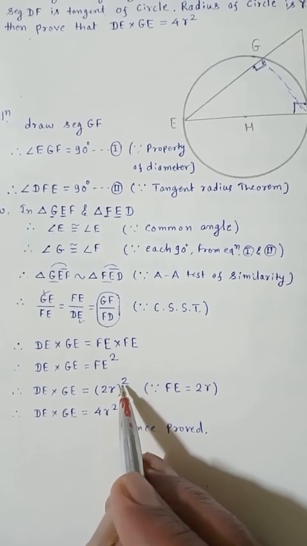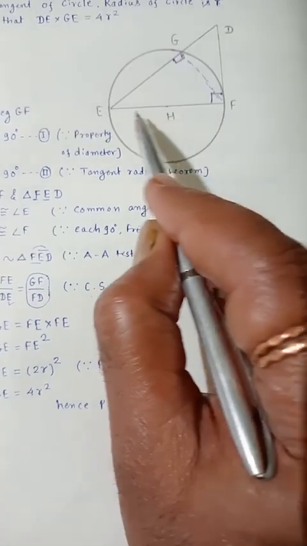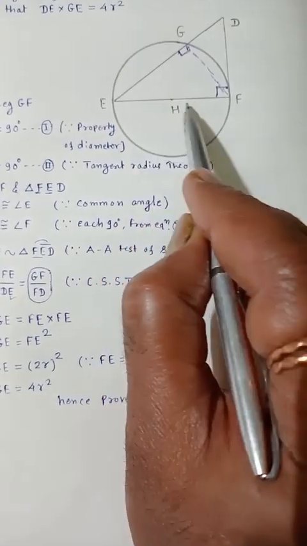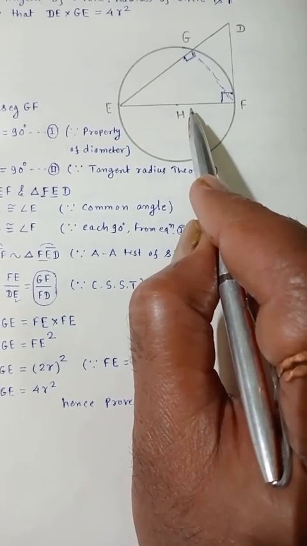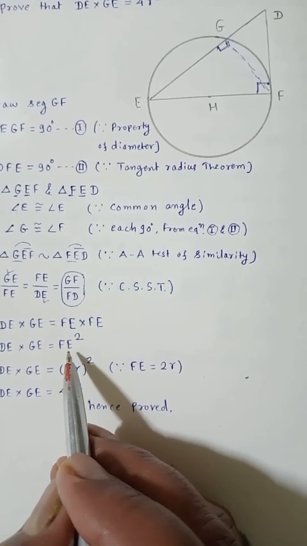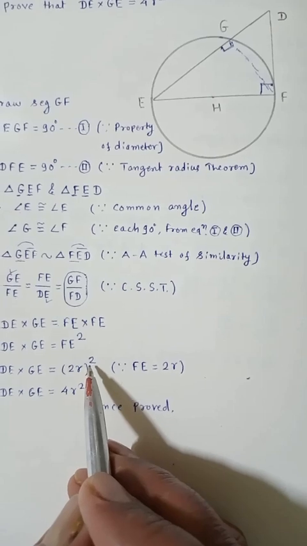Therefore, D into G is equal to 2R bracket square. In the figure, FE is a diameter. Diameter is 2 times radius and the radius of the circle is R. Therefore, we put FE equal to 2R, that is 2R bracket square.